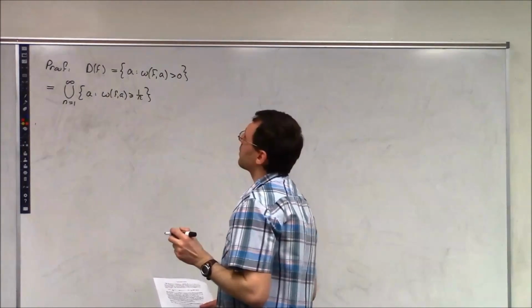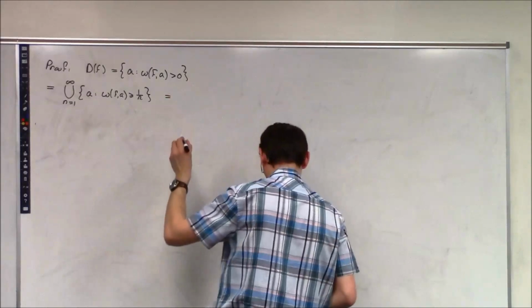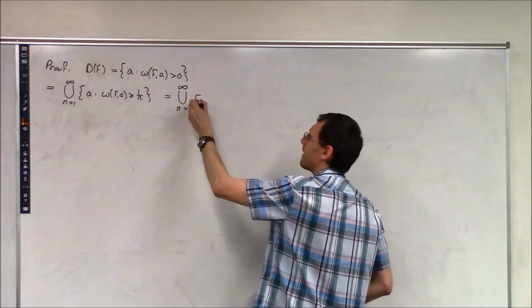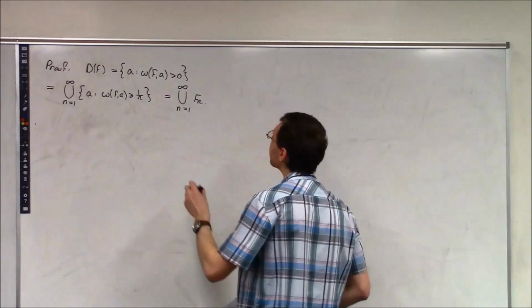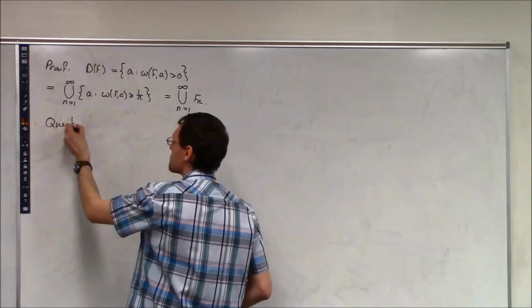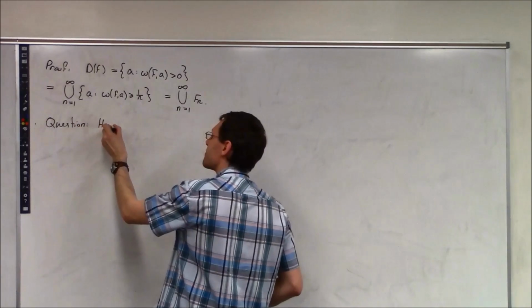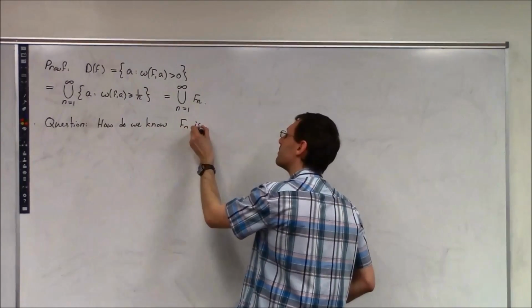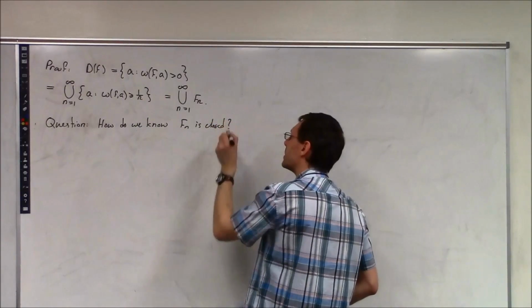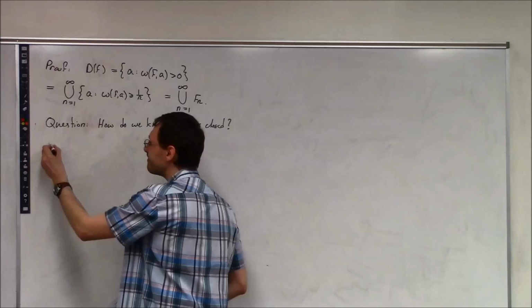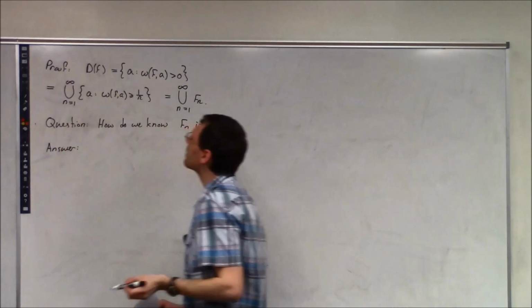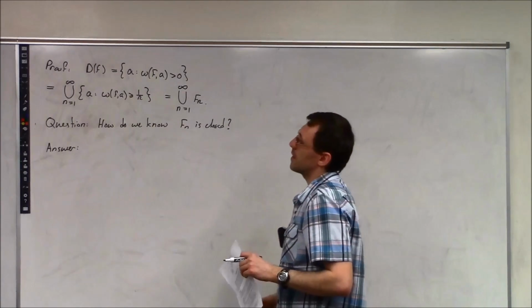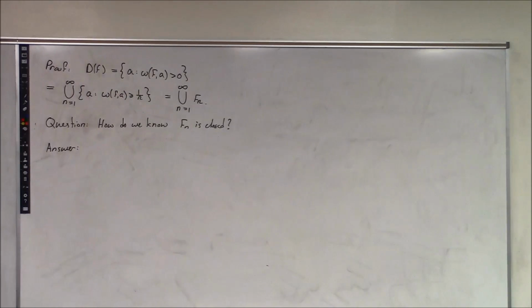So we have it. Now the question is, how do I know those are closed sets? What are properties of closed sets that we can use?